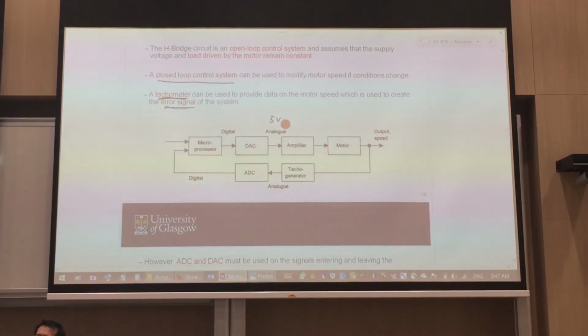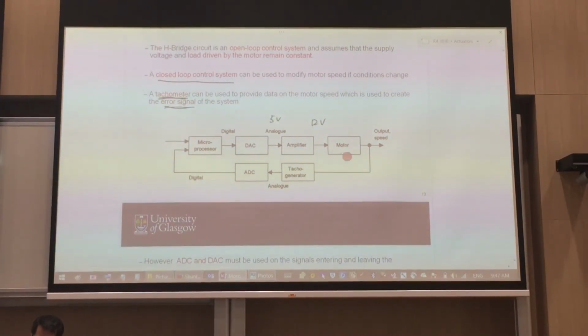5 volts is actually not sufficient to drive all kinds of motors. Some motors require 12 volts, or even higher, 24 volts if you have a large motor. If that's the case, usually you would have an amplifier come in between to bump up your 5 volts to a higher voltage, say in this case 12 volts after amplification.